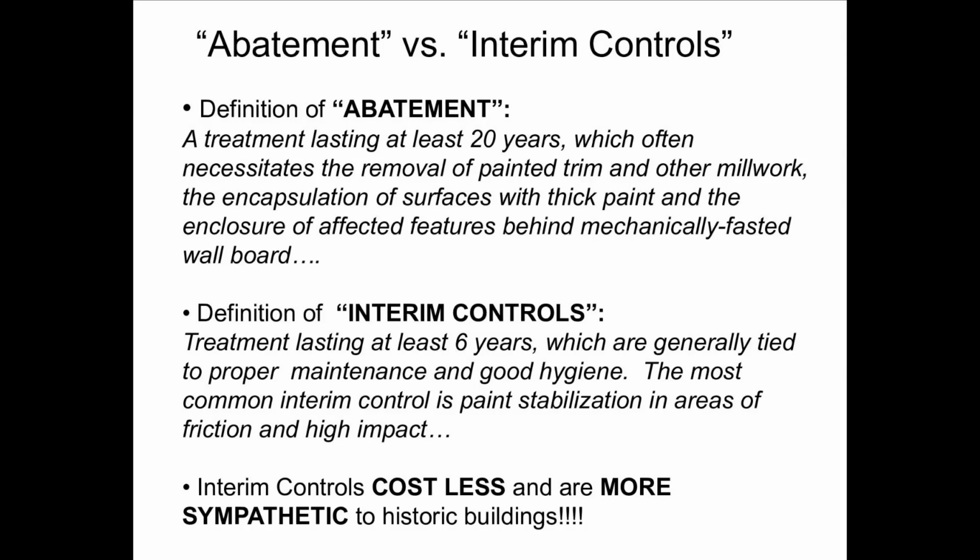The definition of interim controls is a treatment lasting at least 6 years, which are generally tied to proper maintenance and good hygiene. The most common interim control is paint stabilization in areas of friction and high impact. Interim controls cost less and are more sympathetic to historic buildings.